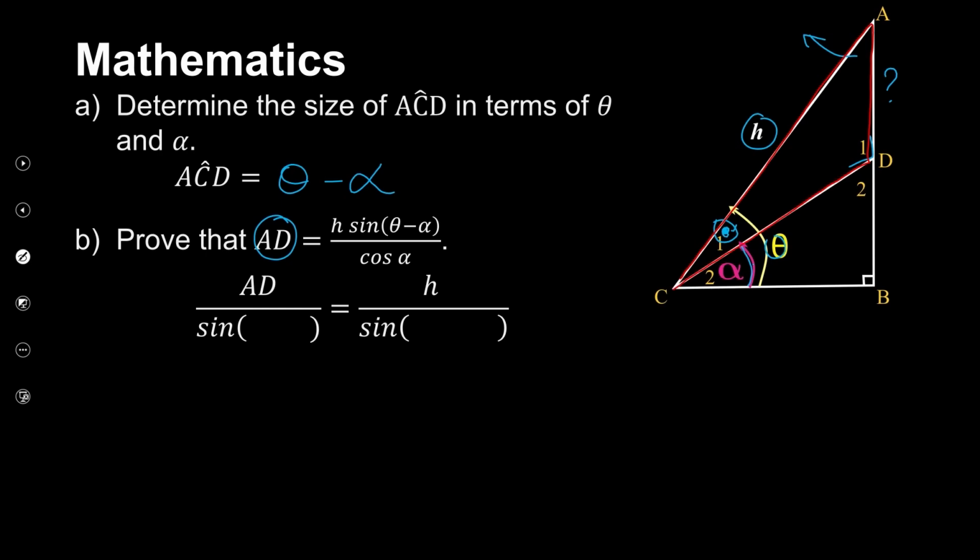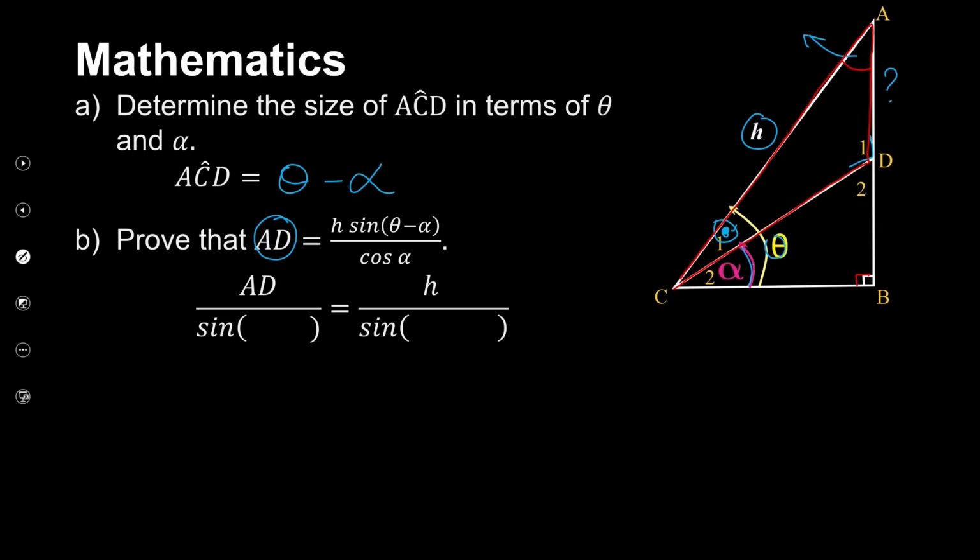Because we have an expression for the other angle, we want to try and find this angle here in terms of our variables. Now, this angle also belongs to the big right angle triangle ABC, where we've got angle B being 90, and angle C being theta.